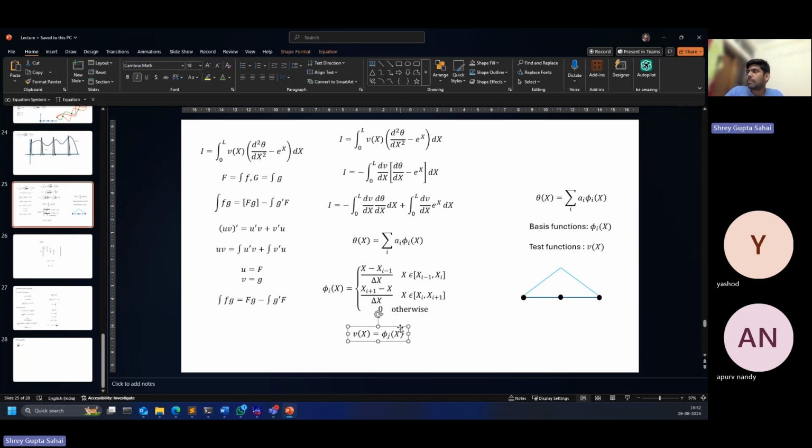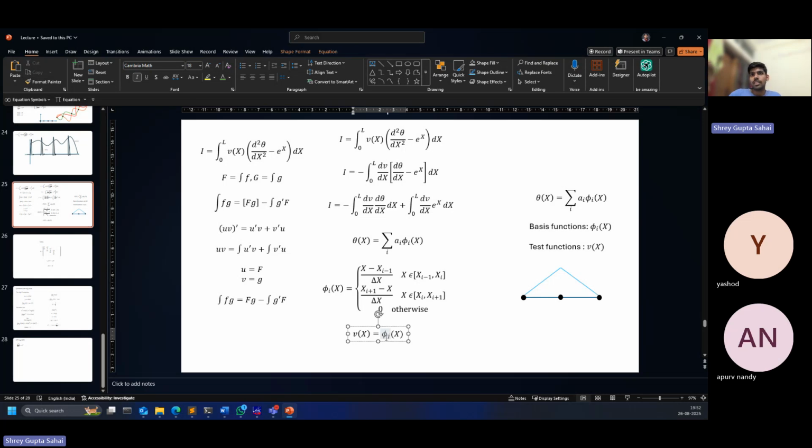With this, my point was that this i is connected with a node value. So i goes from 0 to n if you have taken n nodes, and j goes likewise. Every time we are essentially taking this integral value to go to zero around a certain node.